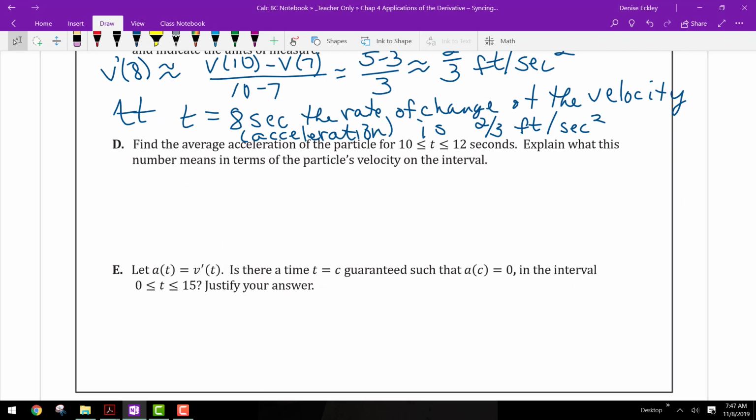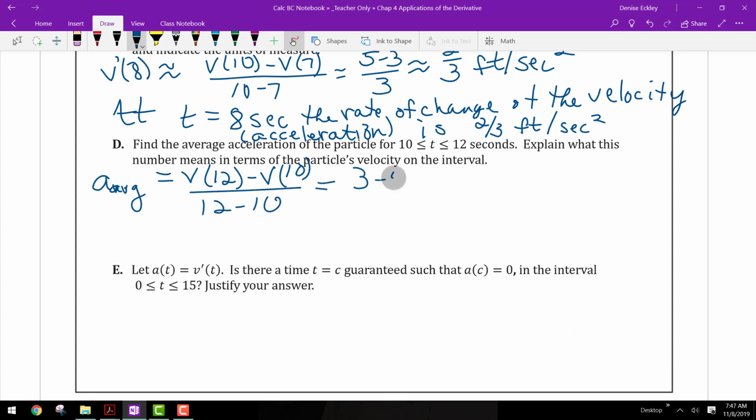Okay, so the average acceleration that we're looking for is going to equal v of 12 minus v of 10 over 12 minus 10. So we're going to have 3 minus 5 over 2, which is going to be -1. And so we're going to have -1 feet per second squared. So what does this mean?